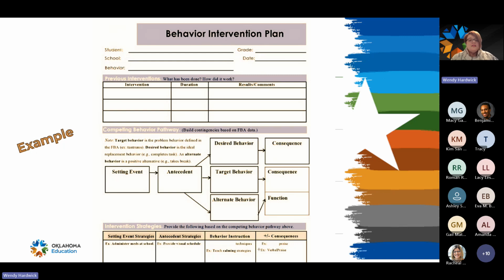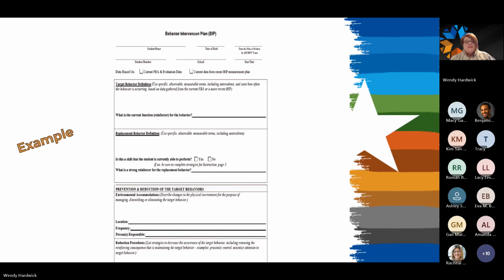At the bottom, you can see that it has more areas for you to lay out specifics of the intervention plan. Here's another one. It has more of a narrative where you put in a narrative for all of those components.